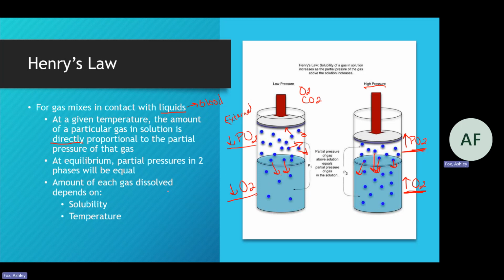We do change the amount of gas that can be dissolved in liquid based on solubility and temperature. Temperature is a major factor. We're going to talk about that a little later. So this can change based on what's going on inside your body.